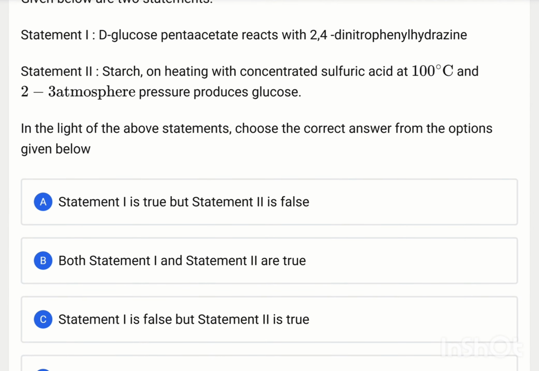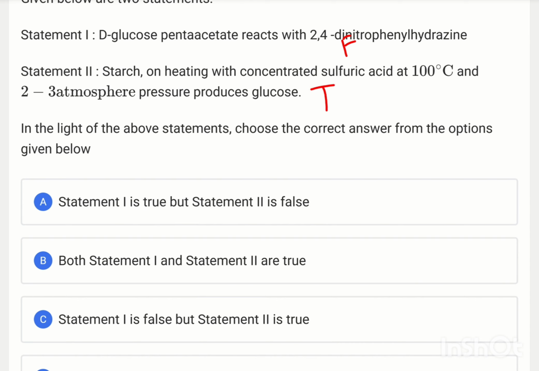D-glucose pentacetate reacts with 2,4-dinitrophenylhydrazine. This is a wrong statement if anyone remembers. Pentacetate, it is not like that. D-glucose reacts with phenylhydrazine. This means it is a false statement. Starch on heating with concentrated sulfuric acid at 100 degrees Celsius and 2 to 3 atmospheric pressure produces glucose.